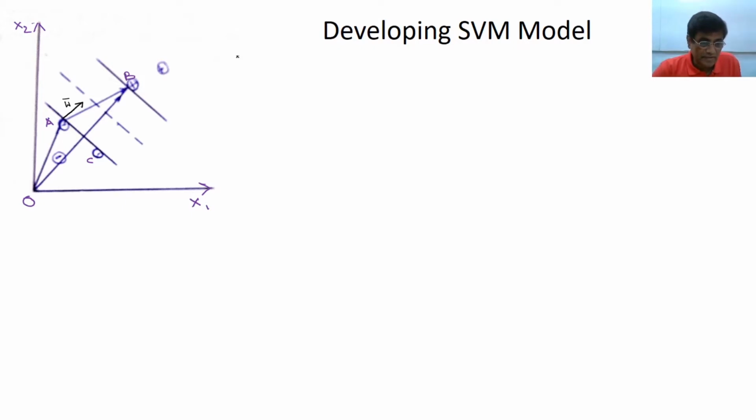Let us now try to see that our objective function was: minimize over W, half W square.